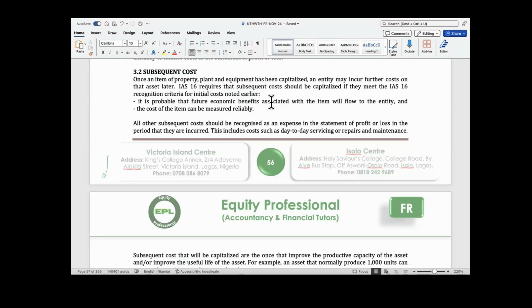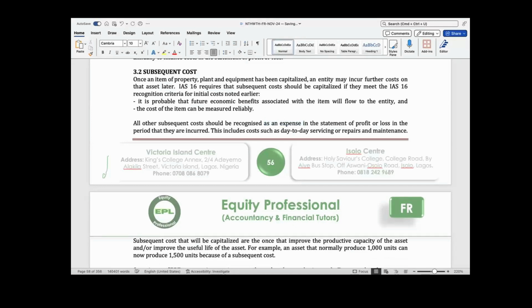If they meet these two recognition criteria, then capitalize them. If they don't meet them, expense it. A typical example of costs that will not meet these recognition criteria are costs relating to day-to-day servicing or repairs and maintenance of an asset.